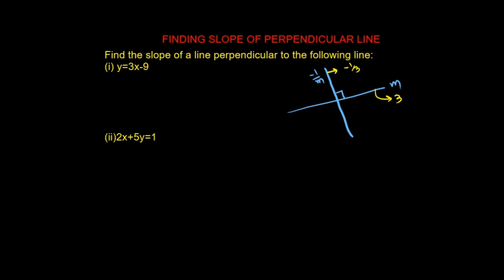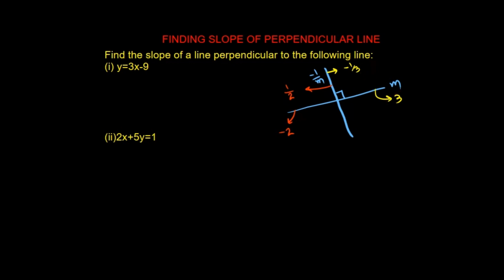If the slope of the first line is minus 2, the slope of the perpendicular line would be 1 over 2. Notice that if this one is a positive number, this would be negative. If this is negative, the slope of perpendicular would be positive. They have opposite signs and they are reciprocal of each other.